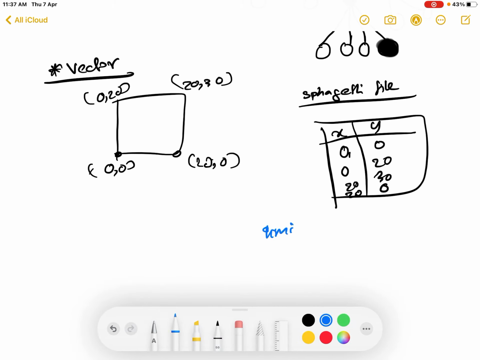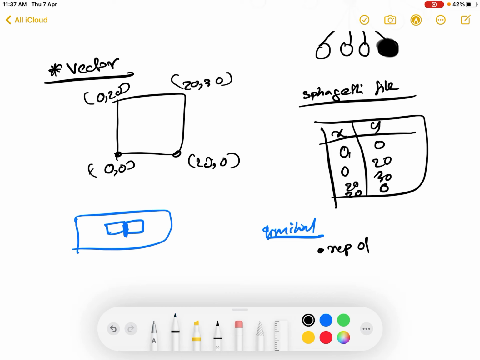But there are some limitations to this. So what are the limitations of the vector data type? The first one is that the boundary line, if this is the thing and these two lines, if you take these coordinates, are actually shared between two polygons, right?